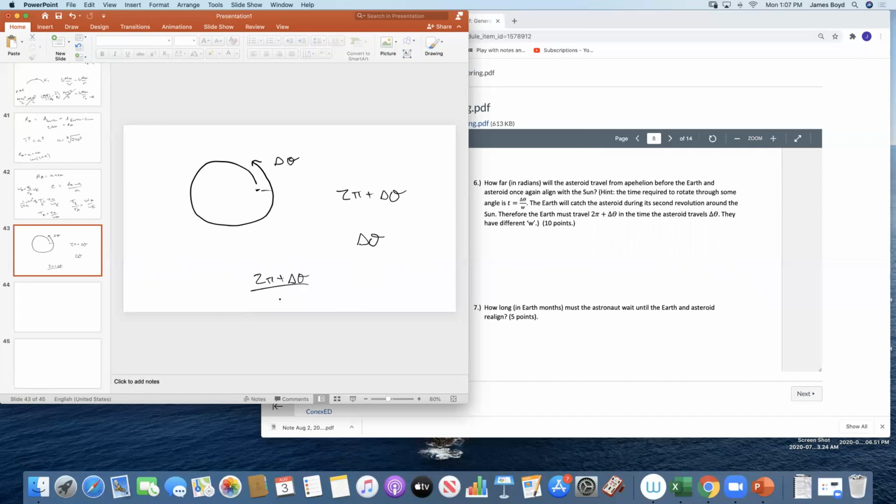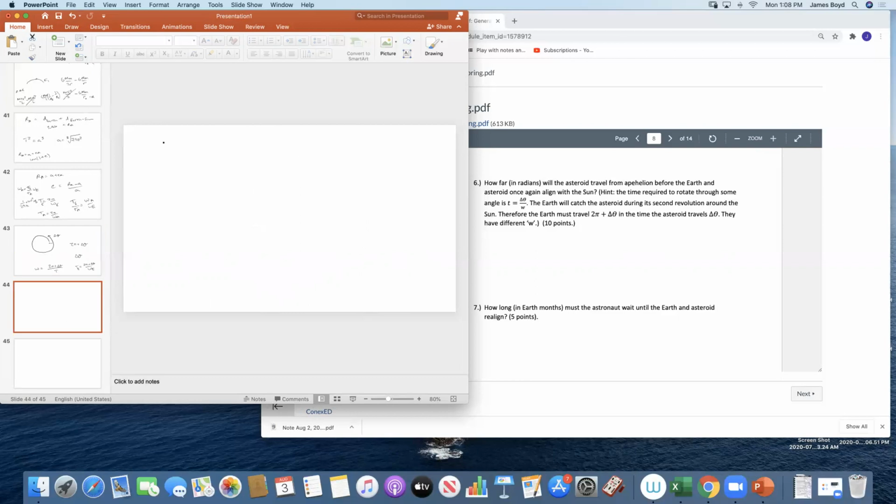If it has an average angular speed, then the time for the Earth is 2 pi plus delta theta over omega of the Earth.